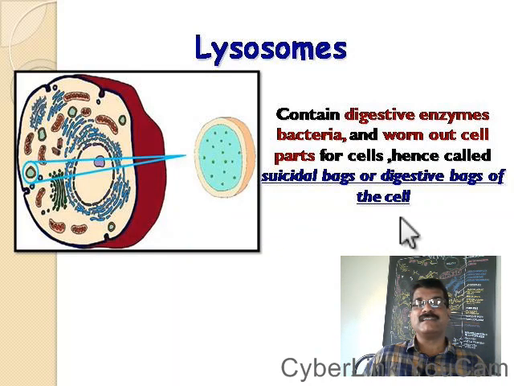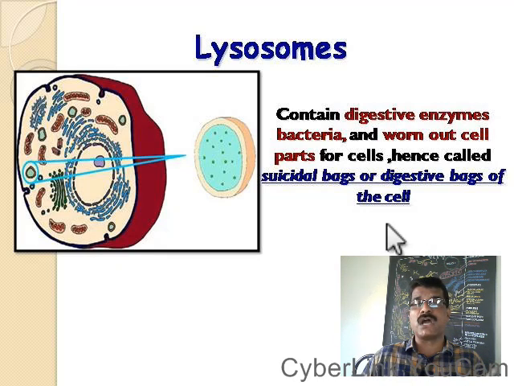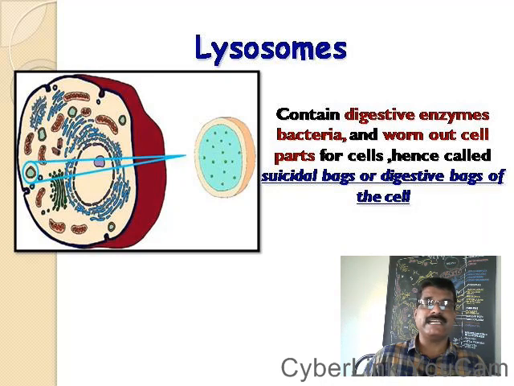What is the other name for lysosomes? Lysosomes are called suicidal bags or digestive bags of the cell because they secrete lytic enzymes that can destroy foreign substances like bacteria, or remove the worn out or damaged parts present in the cell. Are you clear? That's why it is known as suicidal bags or the digestive bags of the cell.